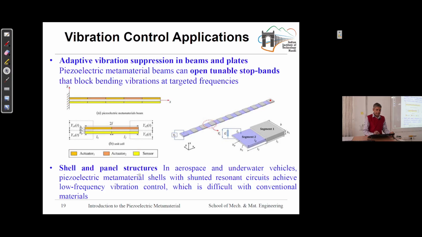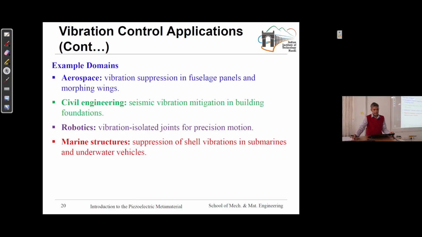Shell and panel structures. In aerospace and underwater vehicles, like submarines, piezoelectric metamaterial cells with shunted resonant circuits achieve low frequency vibration control, which is difficult with conventional materials. Examples are, in aerospace, vibration suppression in fuselage panels and morphing wings.